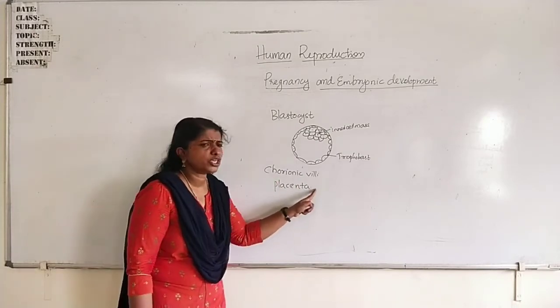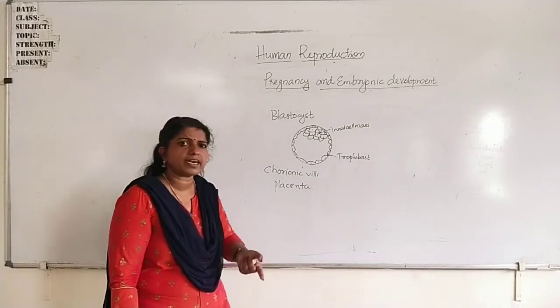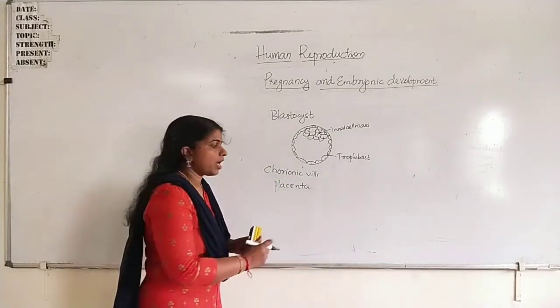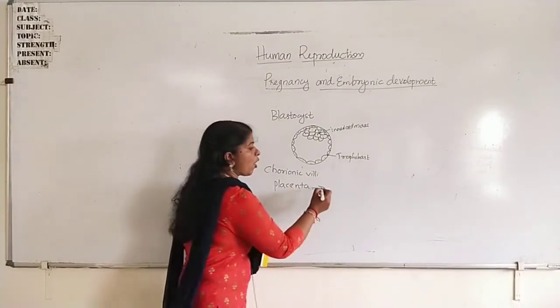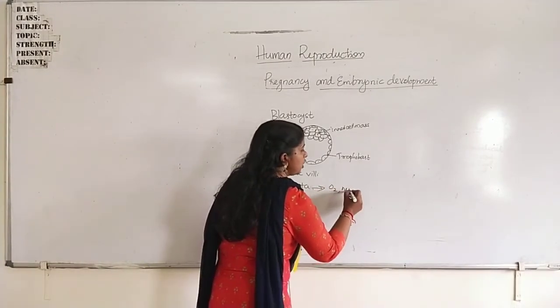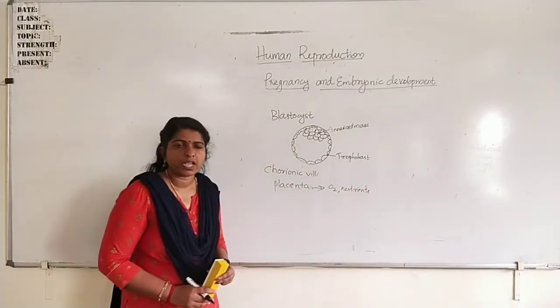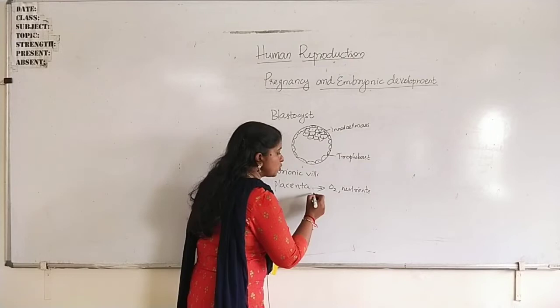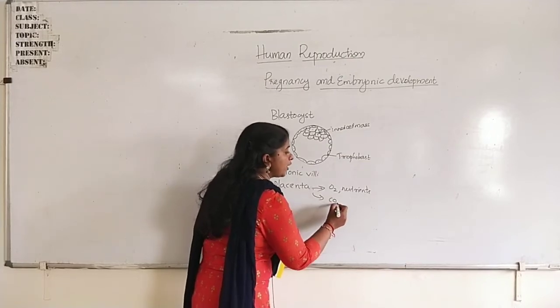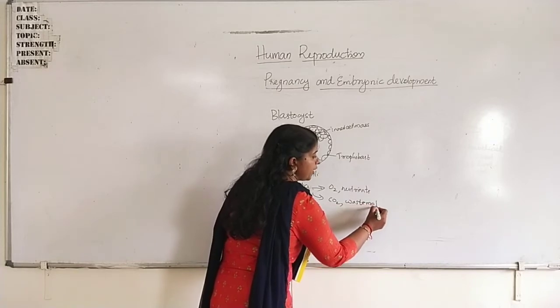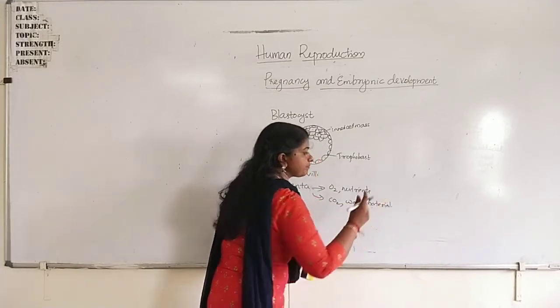What is the importance of this placenta? Why does the placenta develop at the time of pregnancy? Because the placenta helps to provide oxygen and other nutrients to the developing embryo. At the same time, it helps to collect carbon dioxide and waste materials from the embryo.